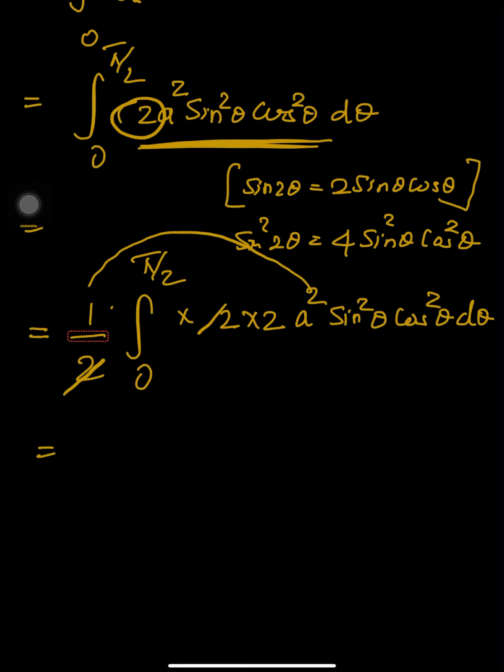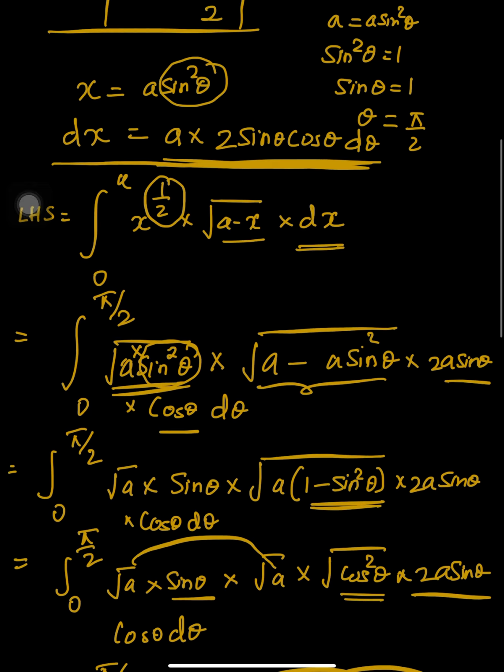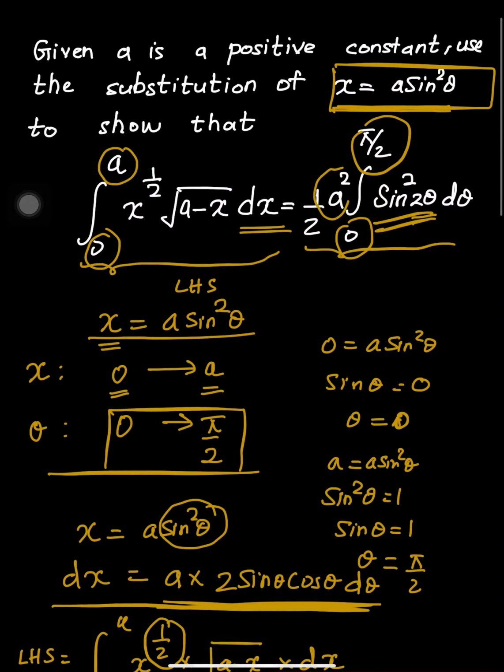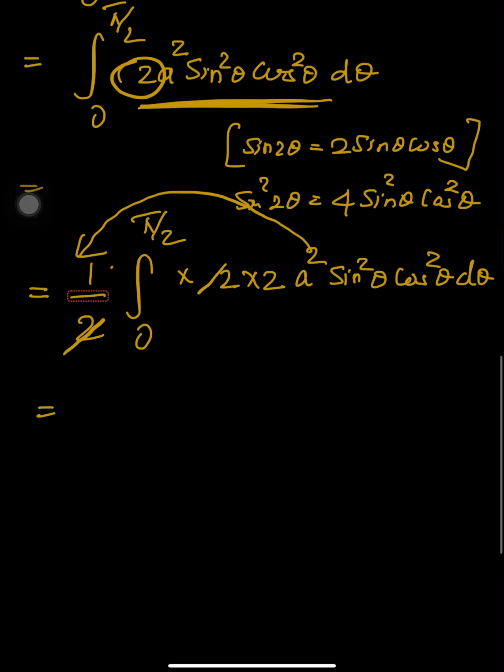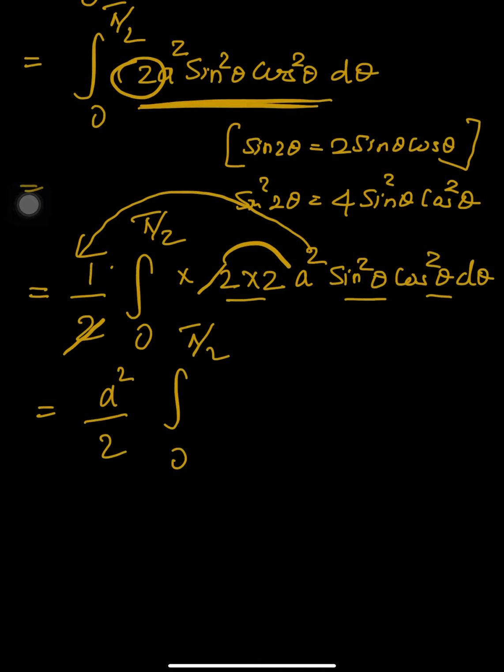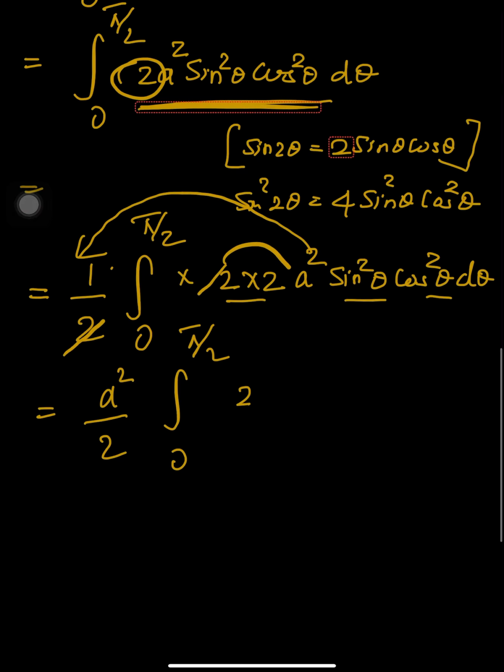If you take a squared in front, because it's in the right hand side as well, a squared by 2 is in the front, right? So a squared by 2, this 2 and 2 becomes 4, 4 sin square theta cos square theta. So you can write this as 2 sin theta cos theta whole squared, d theta.